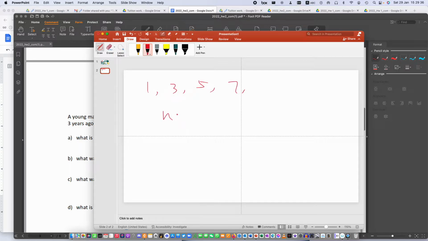Give me the nth term. So what's the nth term? You can do it first and then tell me. Don't refer to the formula. Give me the simplified version.